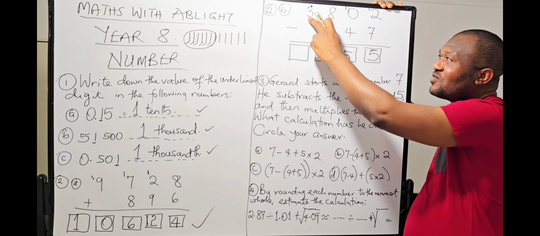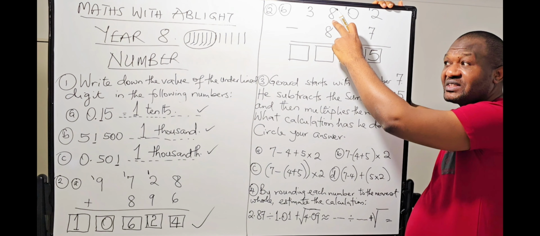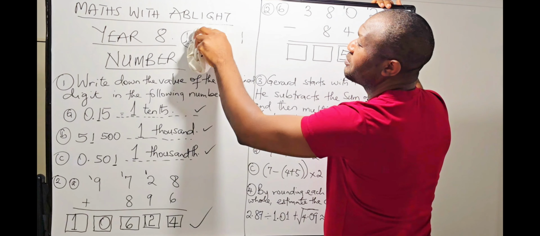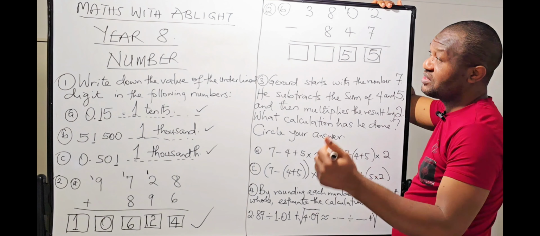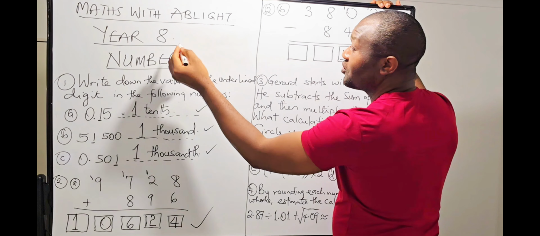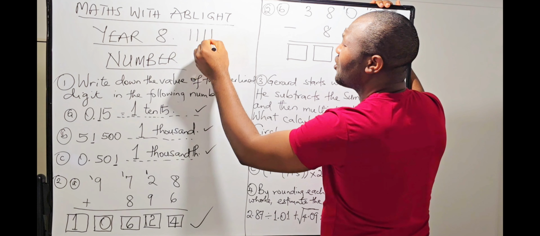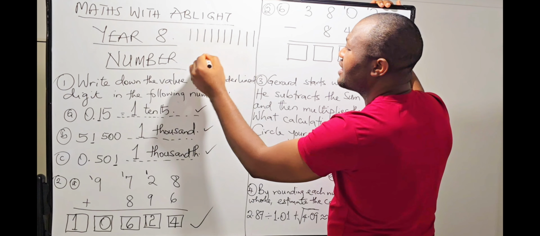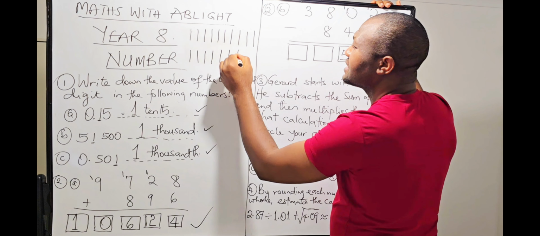Then borrow 1 from 3, put it in front of 7, and you have 17. This is a big number, and we need to count. Remember, we are dealing with year 8, so they need to see everything clearly. So it is now 17 minus 8. So you write down 17. 1, 2, 3, 4, 5, 6, 7, 8, 9, 10, 11, 12, 13, 14, 15, 16, 17.